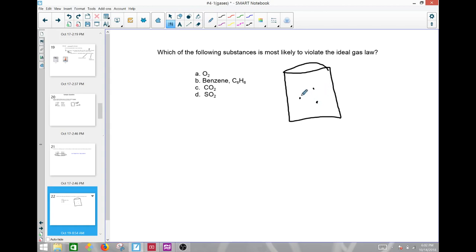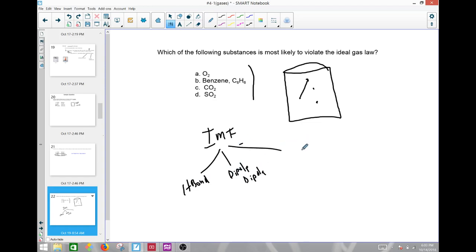So if you're going to have some attraction between particles, which of these is likely to have the most? We're looking for particles that have the most intermolecular forces. Again, that could be some sort of hydrogen bond. It could be a dipole-dipole attraction, or it could be a large amount of London dispersion forces.